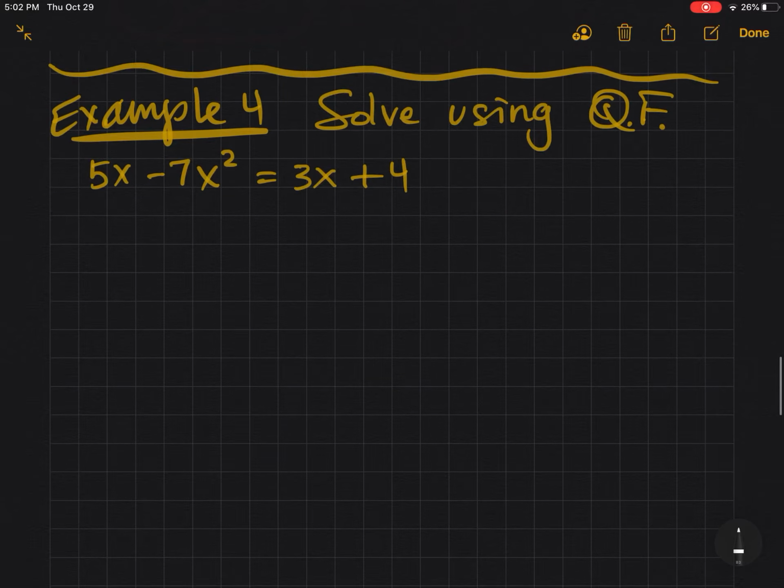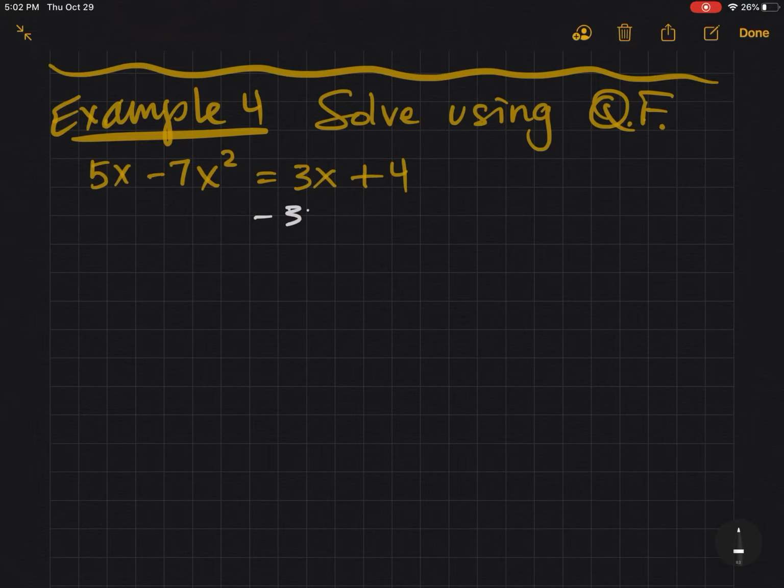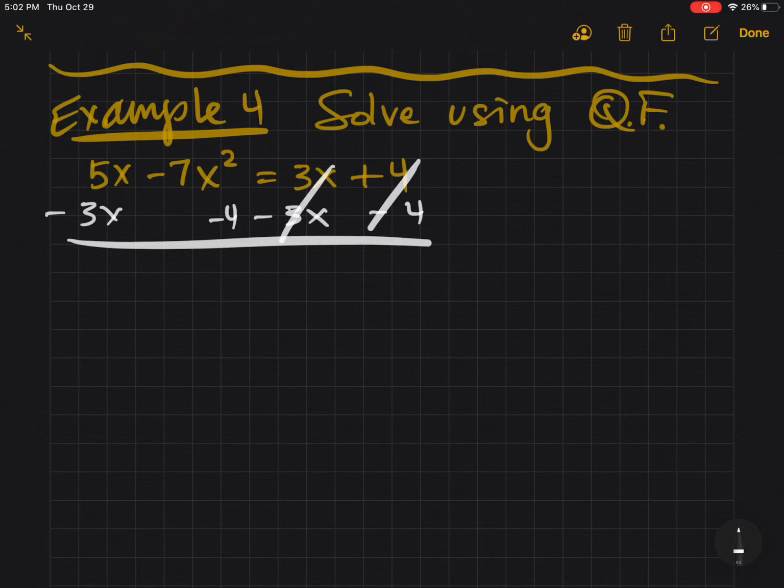Okay, let's solve another one. Before we solve, we want to make sure we combine like terms. So I'm going to subtract 3x from both sides. And I'm going to bring the 4 over to the other side. So we cleared that out and we got our 0. I also want to make sure I put it from the largest exponent, moving on down to the constant term.